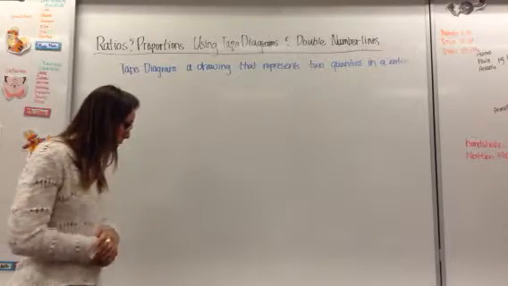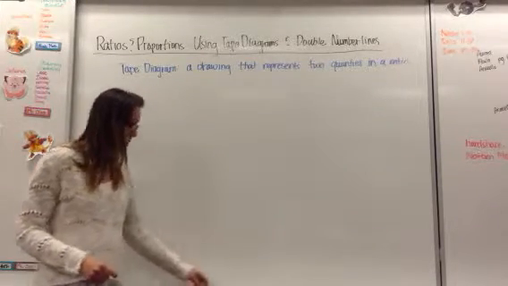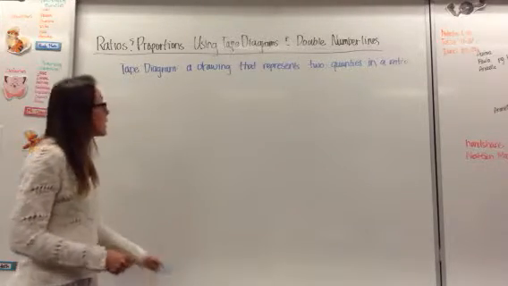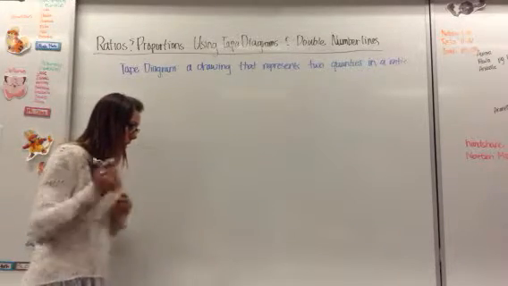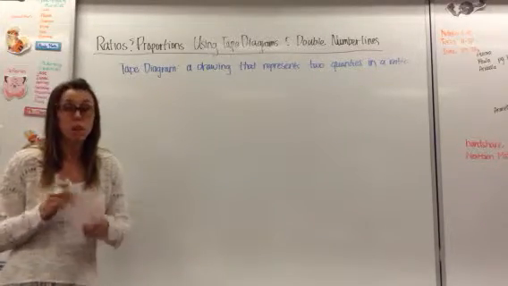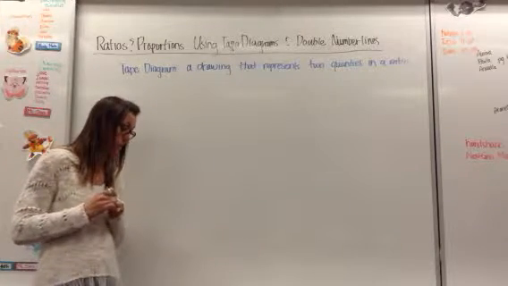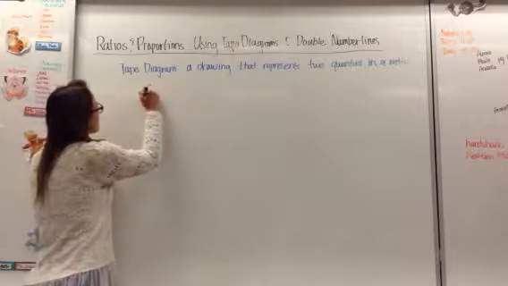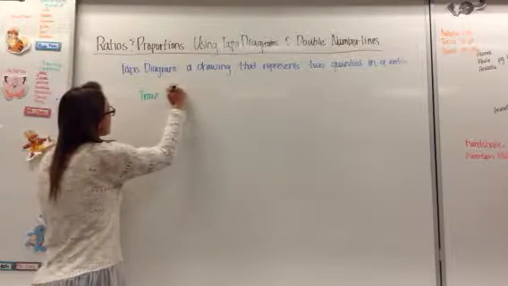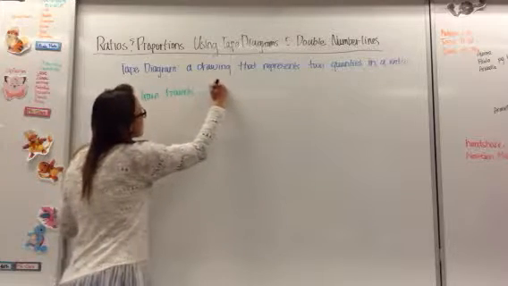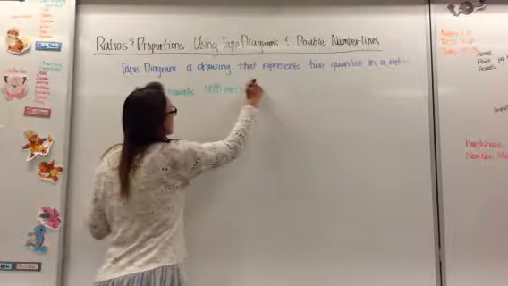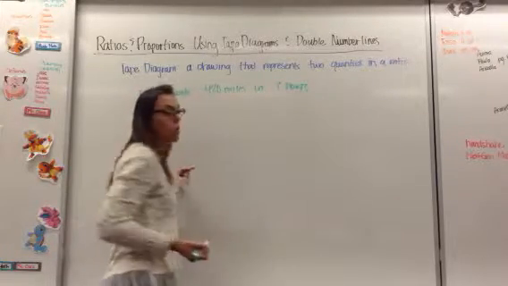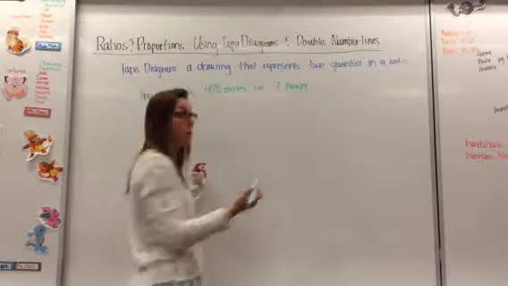So we're going to be working with trains and how many miles per hour they go. The question is, if a train travels 420 miles in 7 hours, what is the speed in miles per hour?